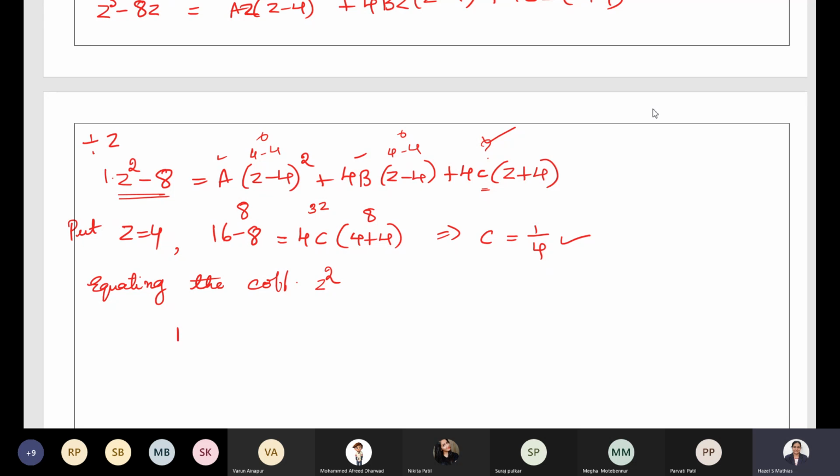The coefficient of z square is 1. 1 is equal to, here also, when we expand (z minus 4) whole square, the coefficient of z square will be a over here. Similarly, here you won't get a coefficient of z square anywhere. That's why we get the value of a as 1.